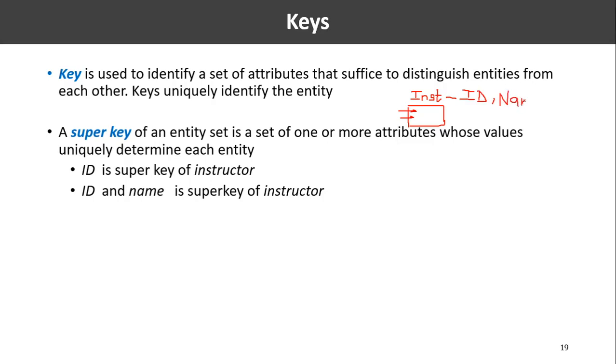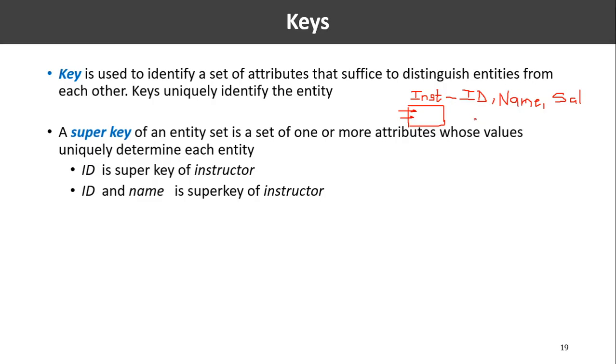We have the ID of the instructor, the name of the instructor, and the salary of the instructor. Let us assume that these are the three attributes of the instructor entity set.